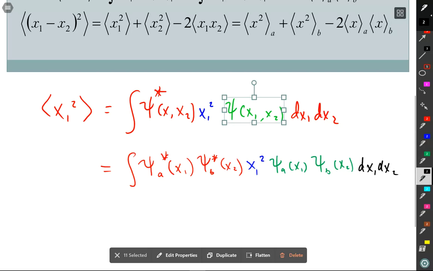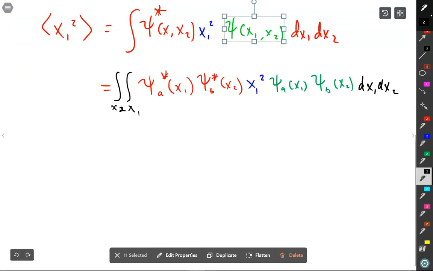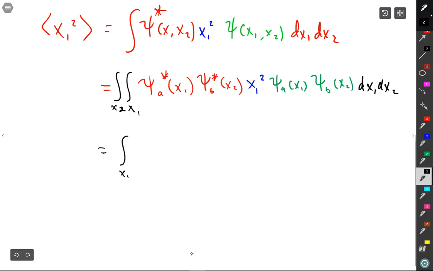And now because x1 and x2 are different variables that don't interact with each other, I can move things with x1 past things with x2. This integral here is actually 2 integrals, right? One for x1 and one for x2. And so now I'm just going to move the integrals. So I'm going to have integral for x1 of psi a star x1 squared psi a x1, oh, forgot the dx1.